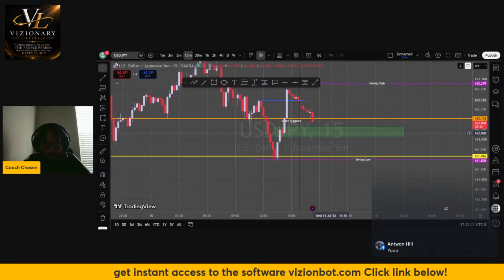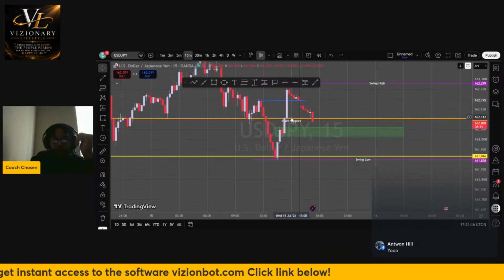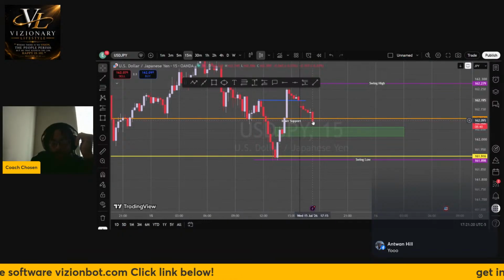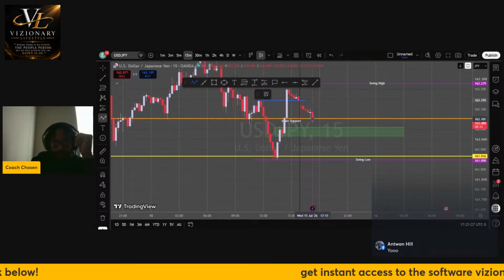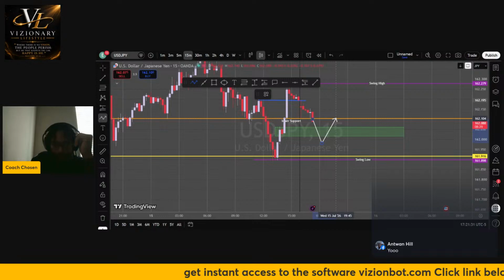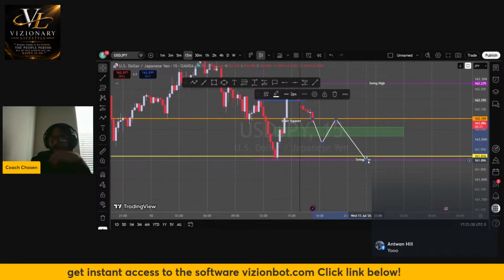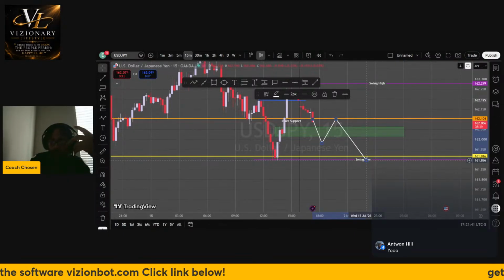Now, what I want to see is, because we identified this demand zone, we are getting a little break of structure. When it closed below here, where is my path? I want to see this, boom, break below, pull back, take off. Why?